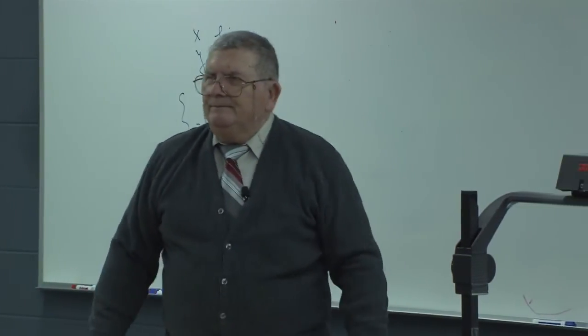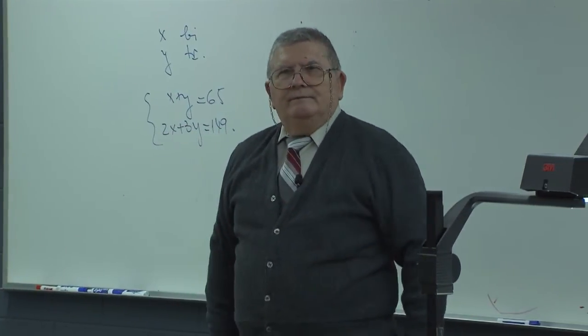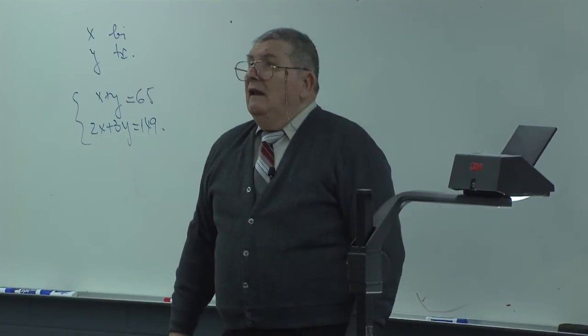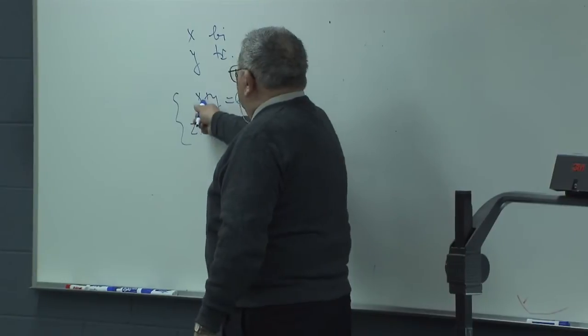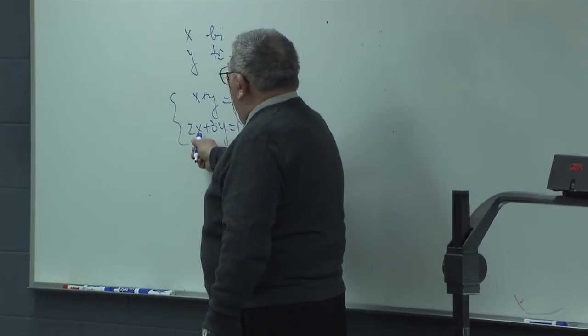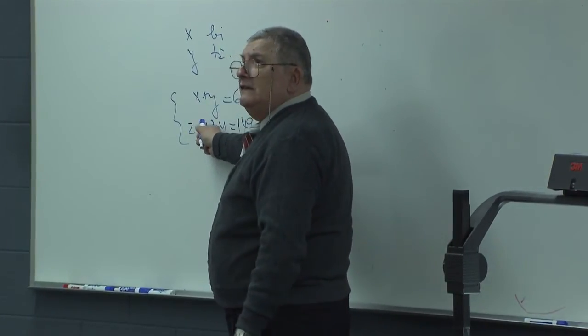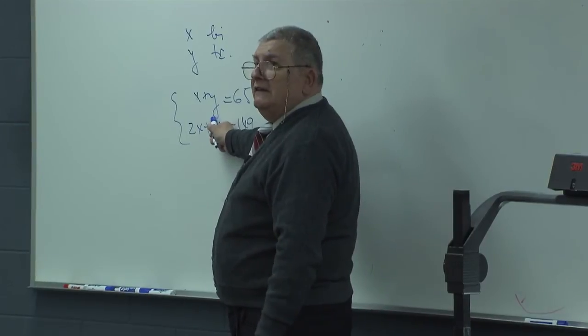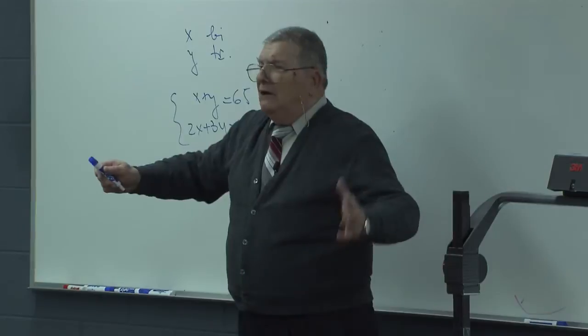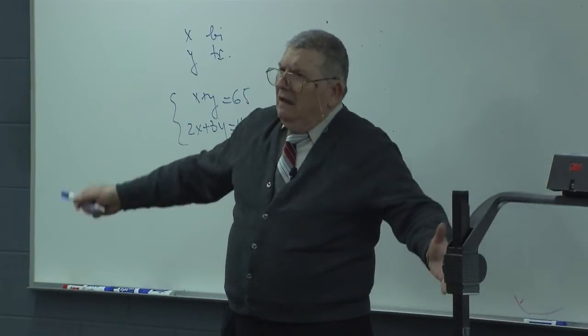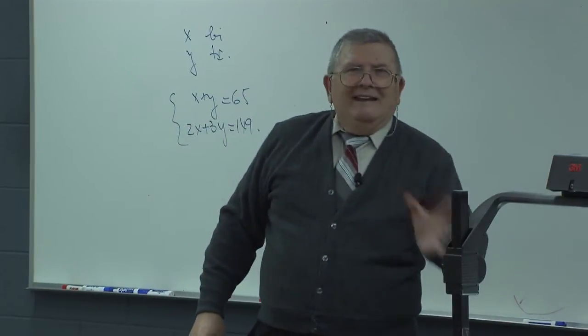Bicycles plus tricycles together are 65. Bicycles have 2 wheels, so 2x. Tricycles have 3 wheels, so 3y equals the number of wheels. Not difficult.